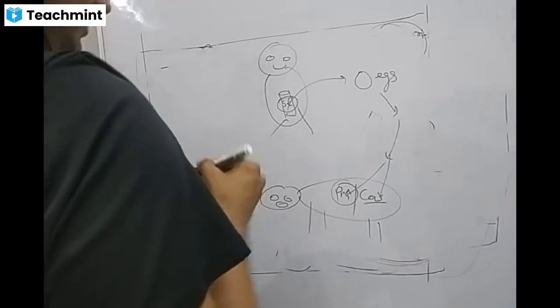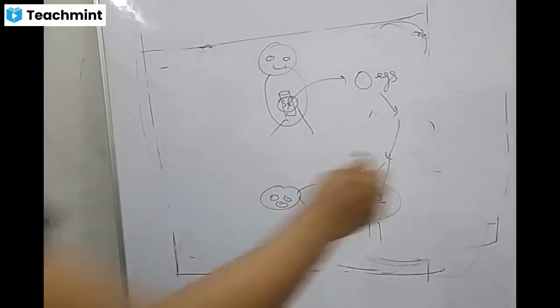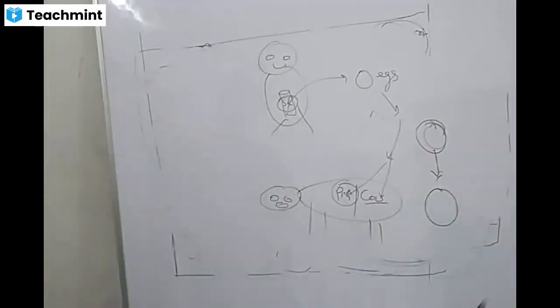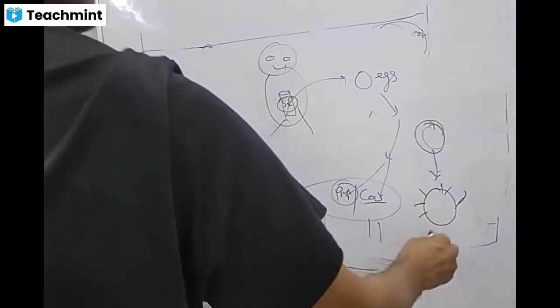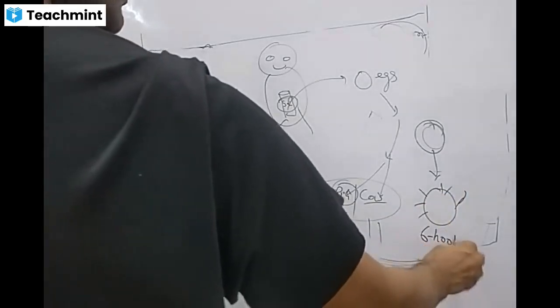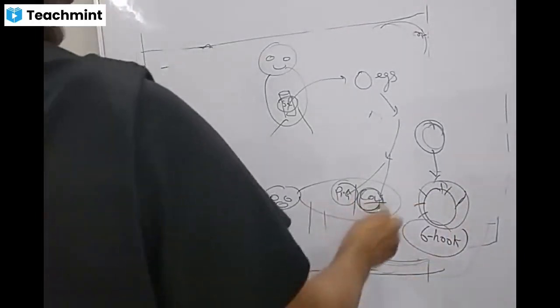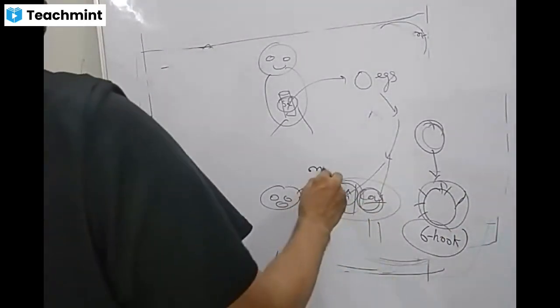Then the egg will hatch out, and what comes out? Oncosphere. From the egg, what comes out? Oncosphere. Oncosphere is having 1, 2, 3, 4, 5, 6 hooks. This oncosphere hatches out inside the body of cow or pig, and it will enter into the muscles.